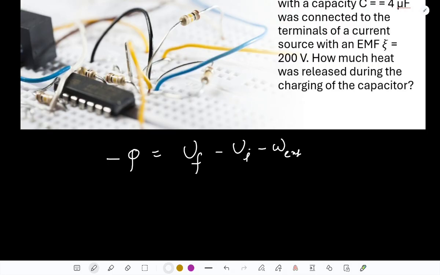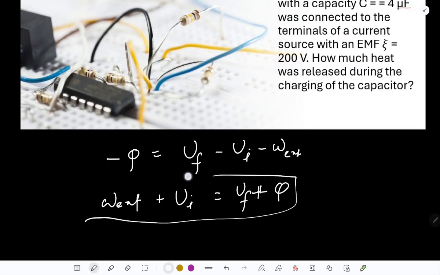And if we rearrange them, we can simply write: work done by external agent plus initial potential energy equals final potential energy plus heat released.